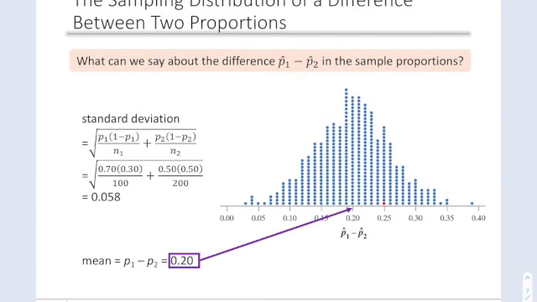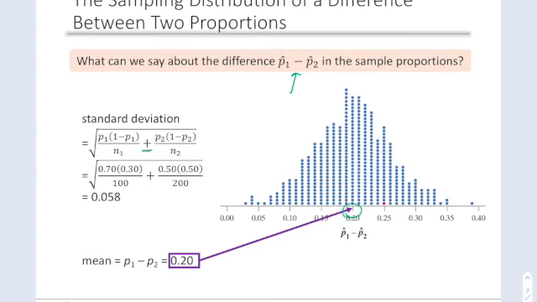If we are subtracting two random variables, we combine their standard deviations by adding their variances. So we have the square root of p sub 1 times 1 minus p sub 1 over n sub 1 plus p sub 2 times 1 minus p sub 2 over n sub 2. So we get a standard deviation of 0.058.